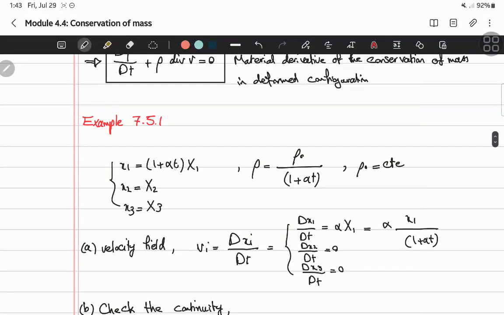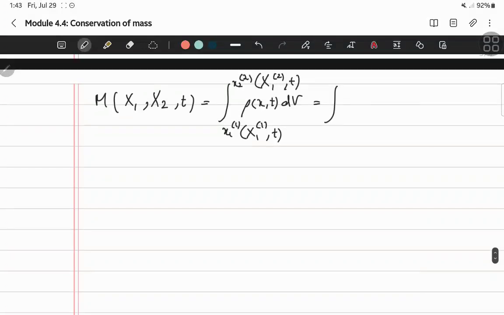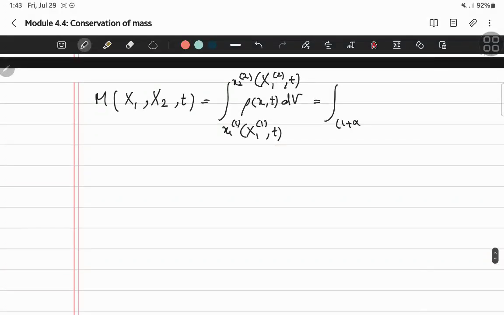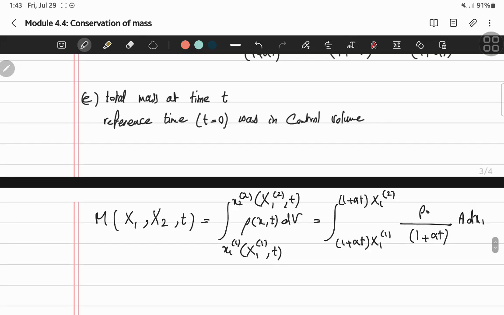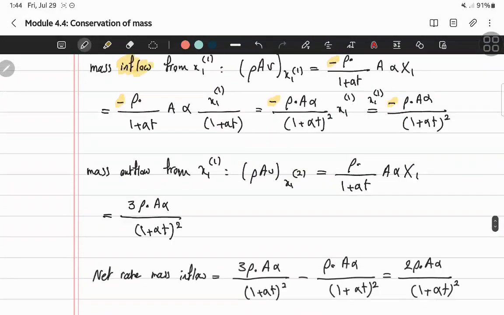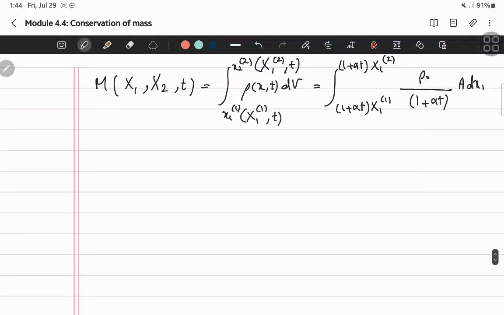So if we go here, from 1 plus alpha t x1, so 1 plus alpha t x1 1 to 1 plus alpha t x1 2 basically. And then we have rho, which is rho 0 divided by 1 plus alpha t. We have dV is A dx1, and we know that A is the same as the A that we had in the control volume. So this is going to be equal to the integral.